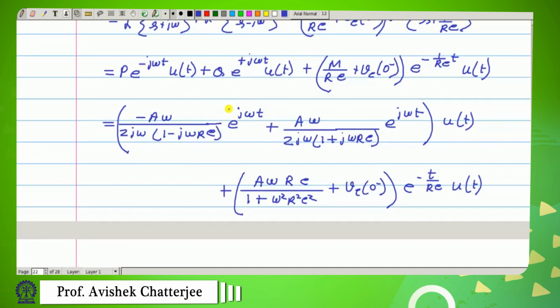I have missed a minus sign here, this minus sign. Okay, then this omega can be cancelled, and now you have to simplify this somehow.